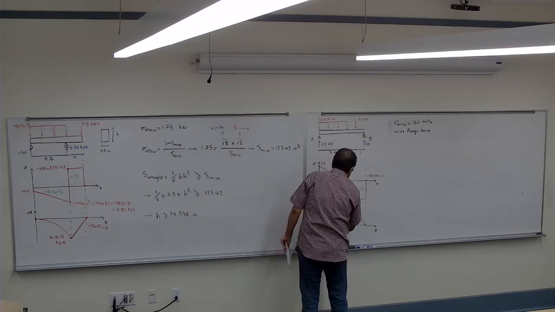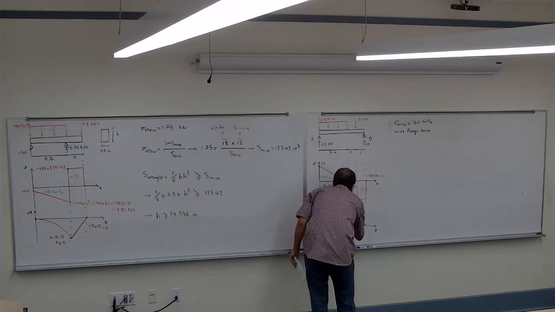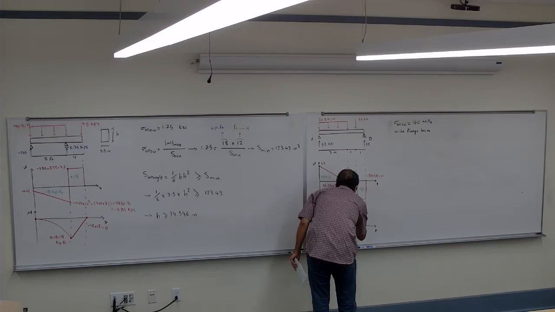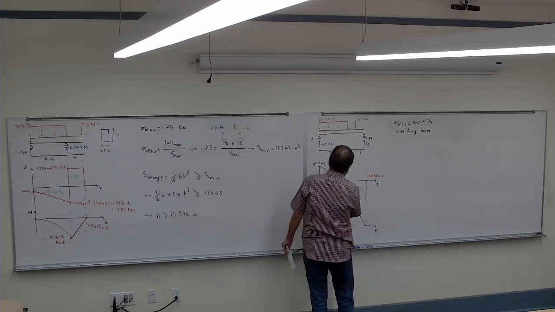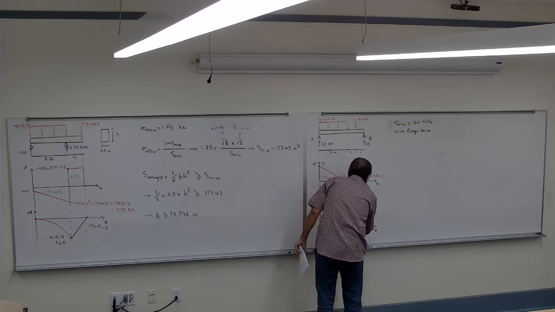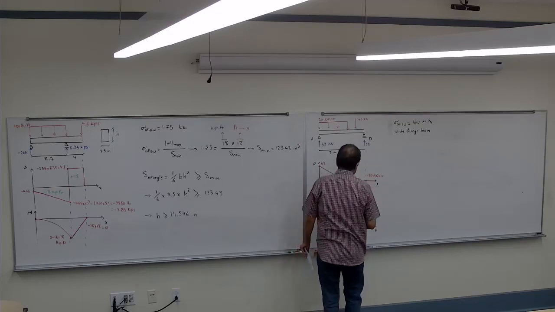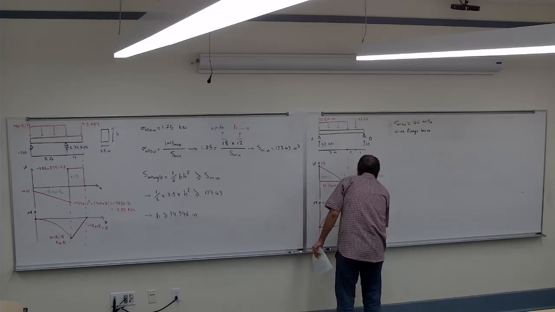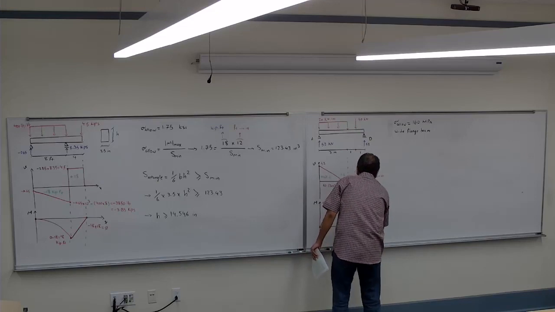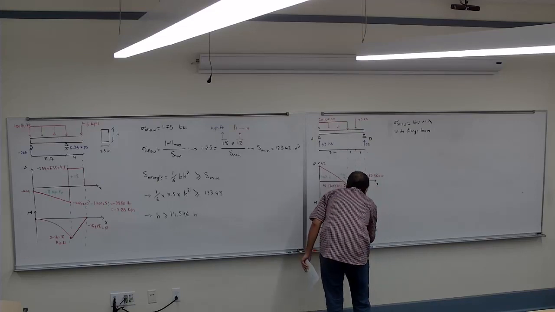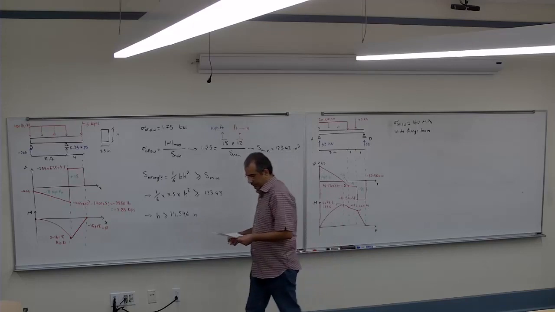Then here, it's going to be 67.6 minus 1.6, that's 66. Then here is going to be 66.